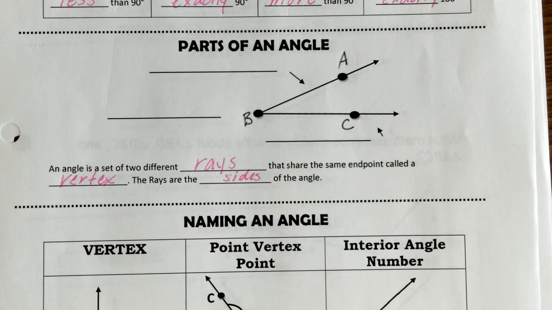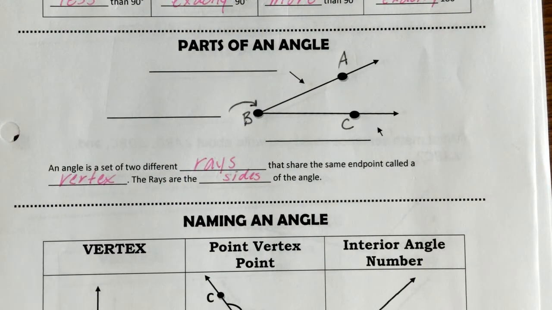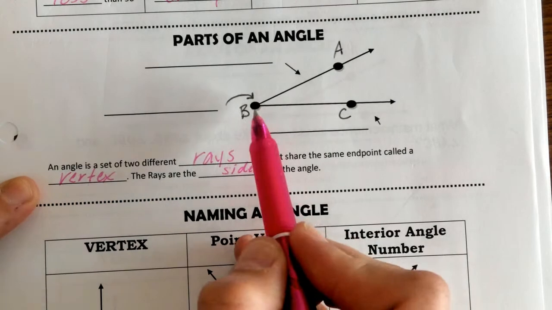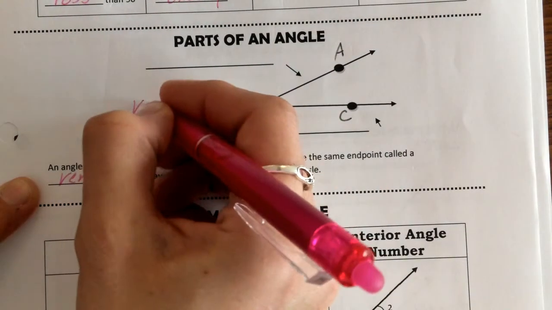It's an arrow pointing to right here. So we'll add that arrow in. When I point to that area right there, what do we call that again? This is going to be that vertex. Okay, I heard a couple new voices there. This right here, this point is creating that vertex. So here's your vertex.